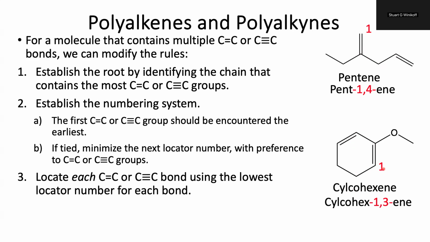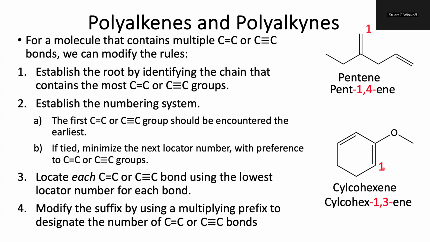Now we need to modify that suffix using a multiplying prefix to designate exactly how many double or triple bonds I have. So for my pentene case, I have 2 bonds. So this becomes pentdiene. And for the cyclohexene case, this becomes cyclohexdiene. Again, designating I've got two alkenes and exactly where each double bond is located.